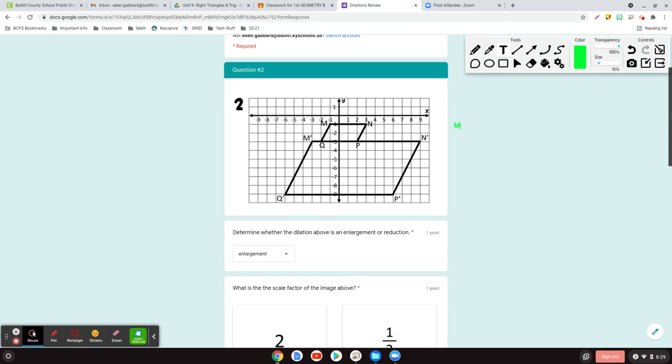So our original M point is at -1, -1. And M prime is at -3, -3. So how do we get from -1 to -3?